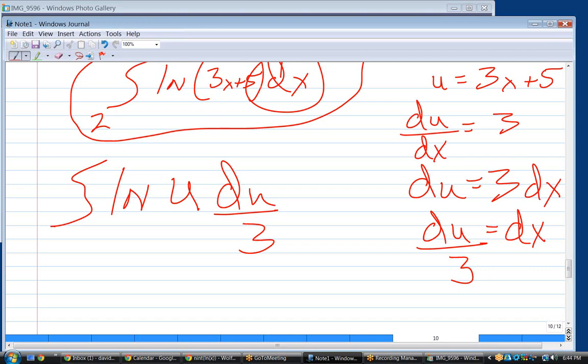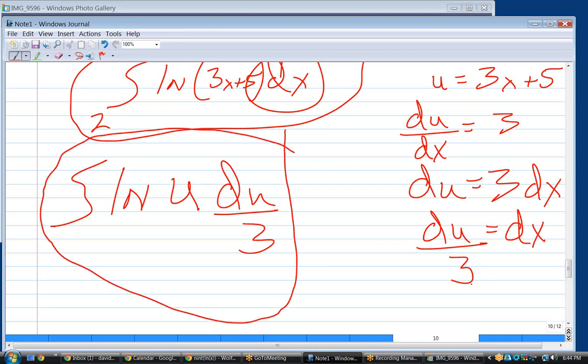Then you can go into the original integral and turn it completely into an integral of u instead of an integral of x. And then once you integrate, go back, resubstitute, and once you've done that, you can evaluate it at the original limits.